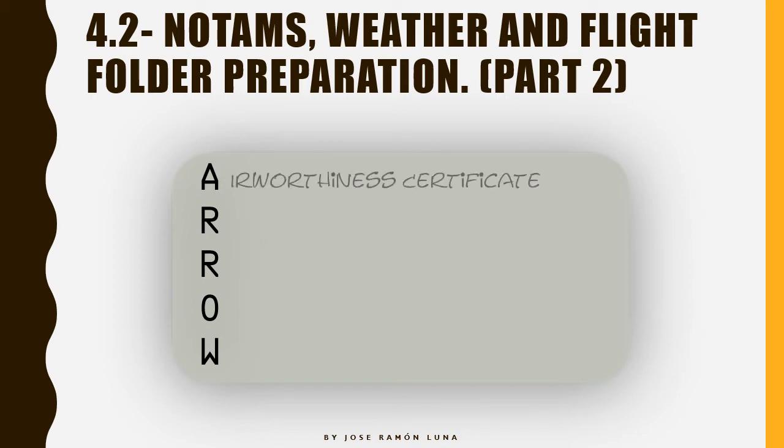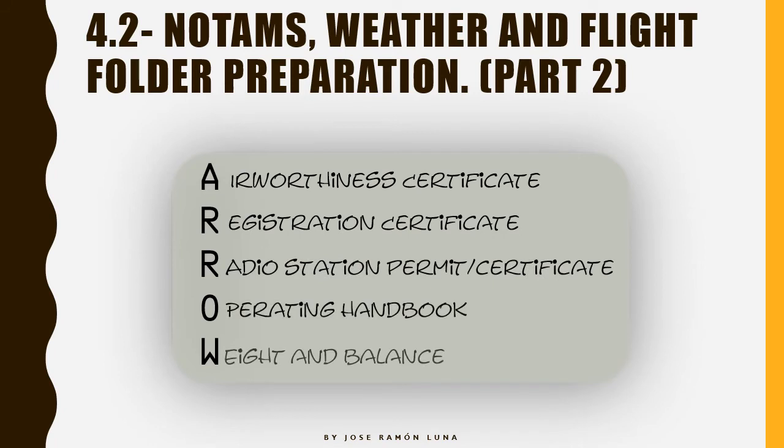Now, the A stands, as I said before, for airworthiness certificate, okay. A certificate of airworthiness, or an airworthiness certificate, is issued for an aircraft by the National Aviation Authority in the state in which the aircraft is registered. So if your aircraft is registered in Brazil, for example, your airworthiness certificate is going to be issued by the Brazilian authority.